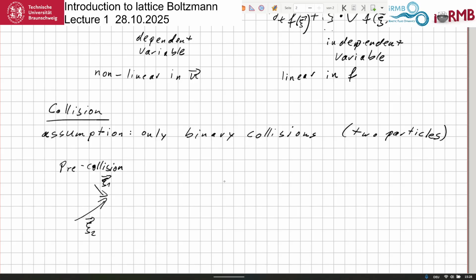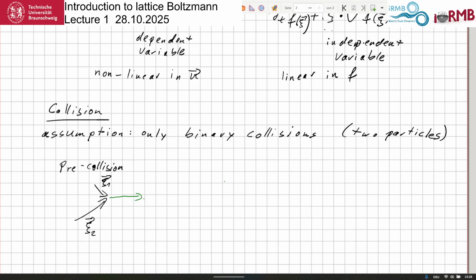And then they collide, and it is difficult for me to draw this physically correct. I'll just do it a little bit with fantasy. They are not going exactly the same way.